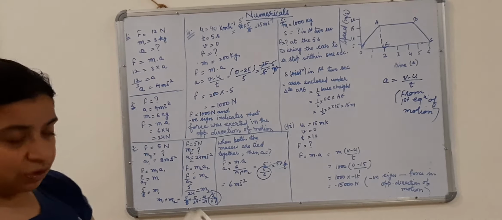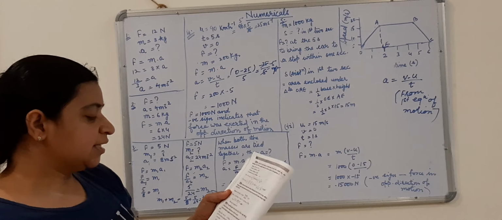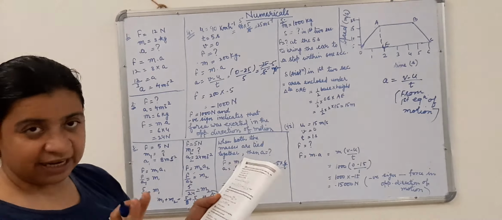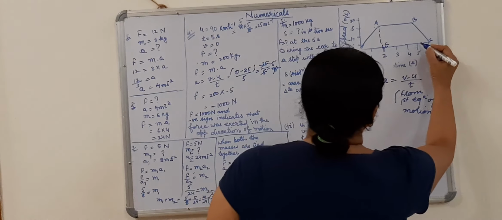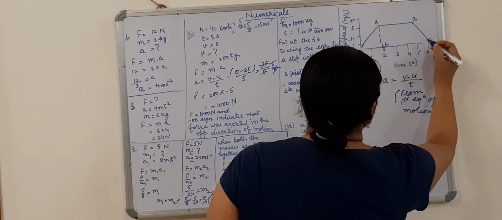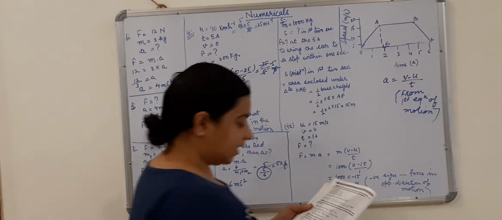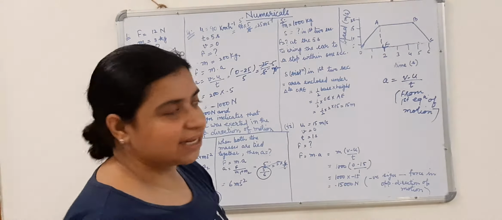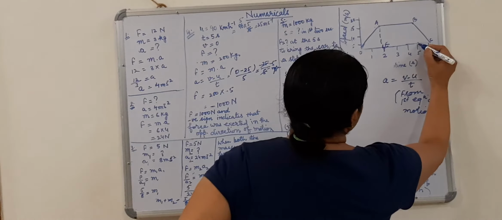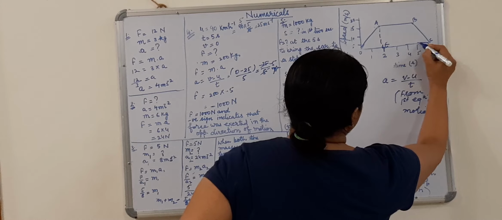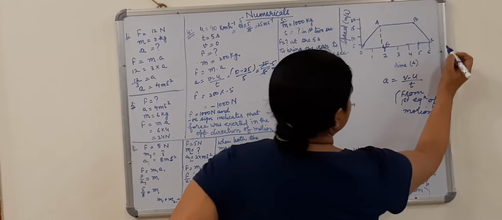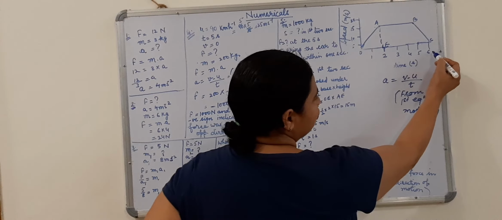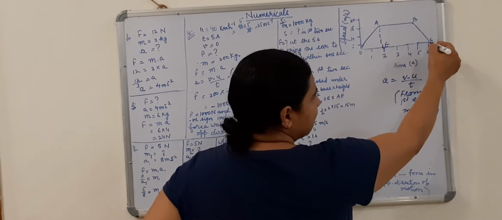Now, the second part of the question is, what is the braking force applied at the end of 5 seconds to bring the car to a stop within 1 second? That means what was the force applied to the car from this point to this point, between 5 seconds to 6 seconds, in the last 1 second, to bring the car to rest?